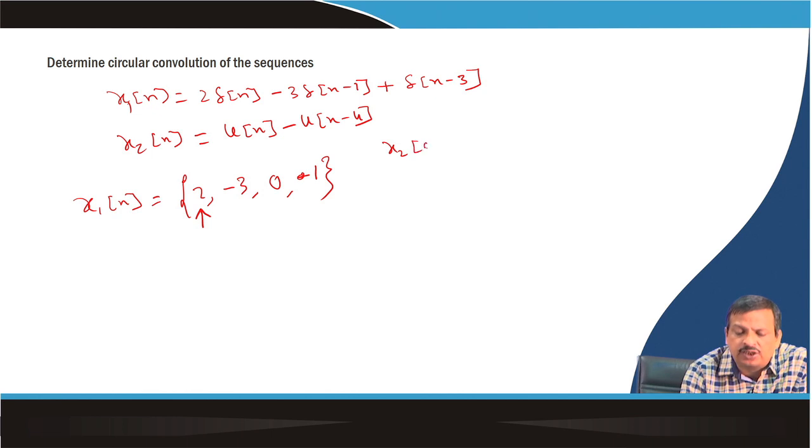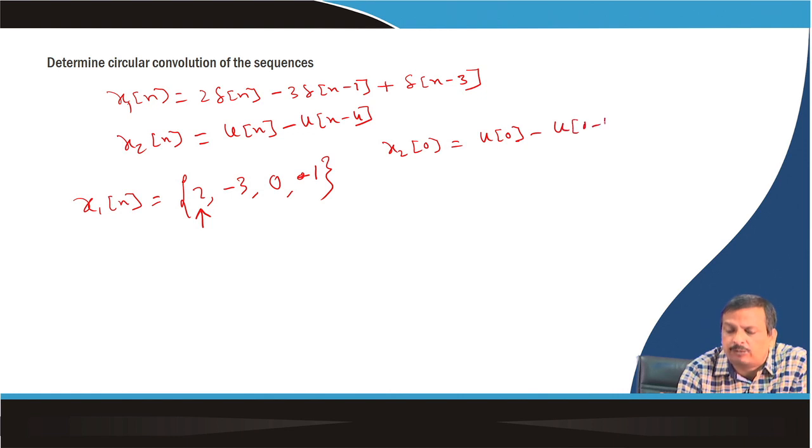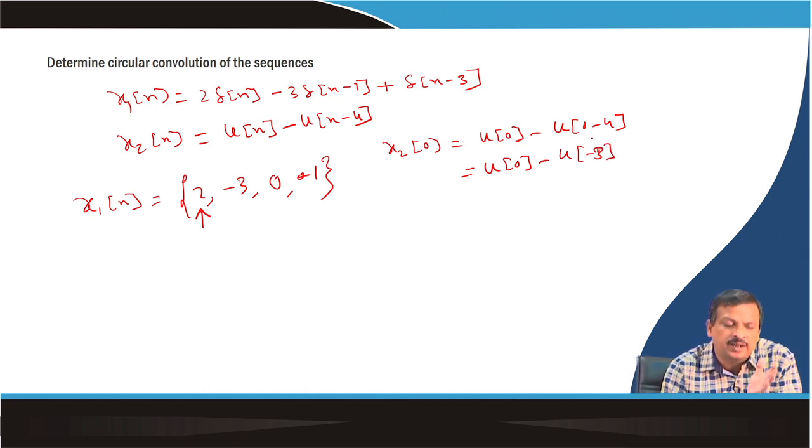Let us say x2 of 0 is equal to u0 minus u of 0 minus 4. So, u of minus 4 is 0, or I can say x2 of n is only there.